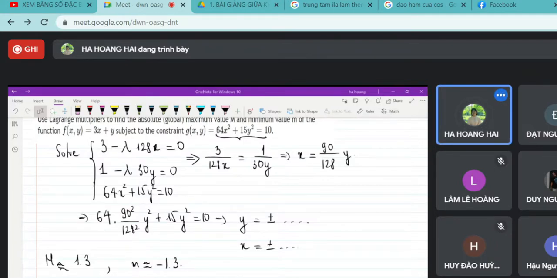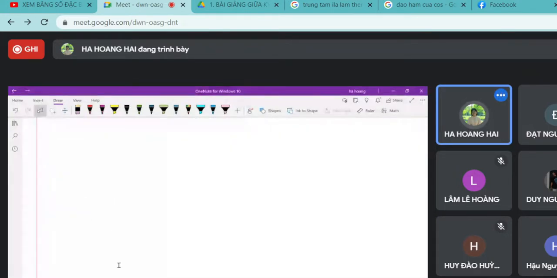Okay, the next question. Let's compute the double integral.